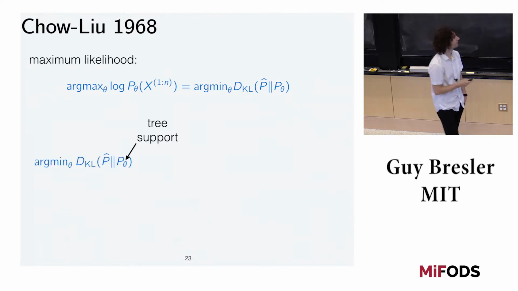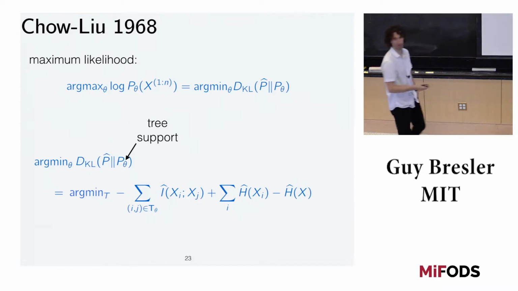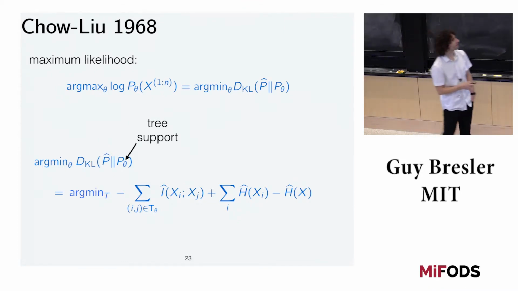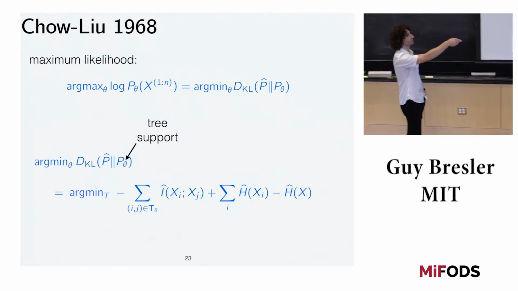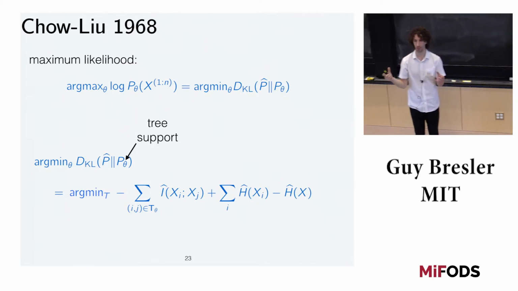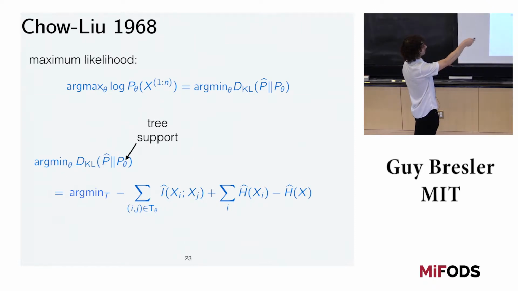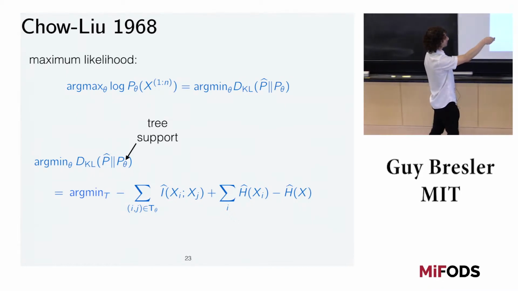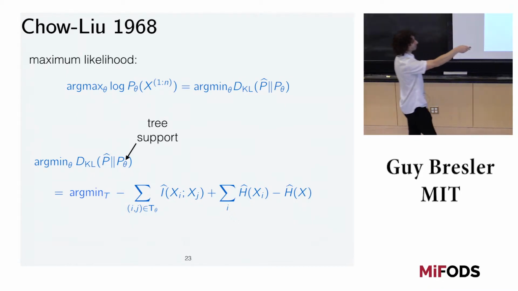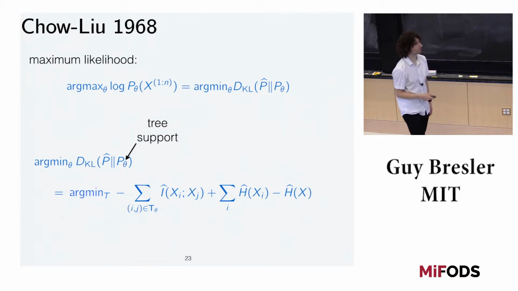A brief calculation that I'll also leave as a pleasant exercise for you shows that for the best choice of parameters that have a tree support, in other words, the theta ij's that are non-zero form a tree structure, one minimizes the KL or maximizes the likelihood by minimizing the negative of the sum of the empirical mutual informations across the edges in the tree, in the support of the theta.